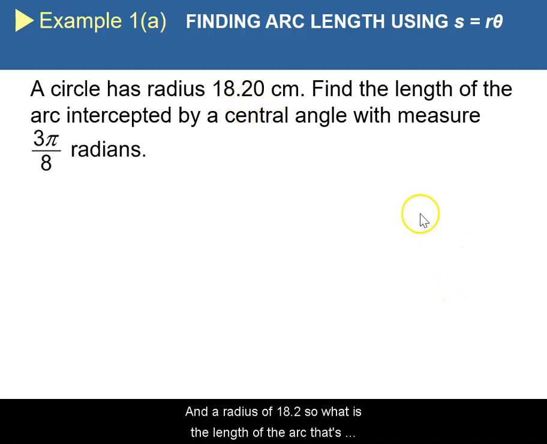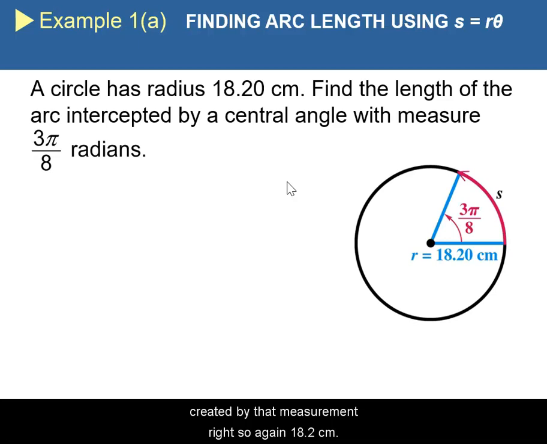So what is the length of the arc that's created by that measurement? So again, 18.2 centimeters, and that rotates by 3 pi over 8 or 3/8 pi. What is the length that the end of the radius extends along the circle? What is this length here?